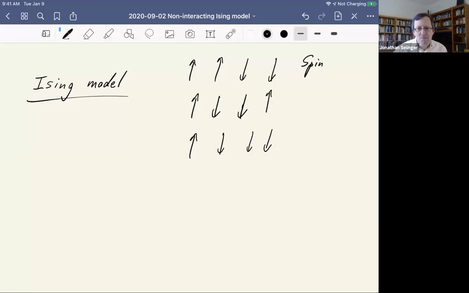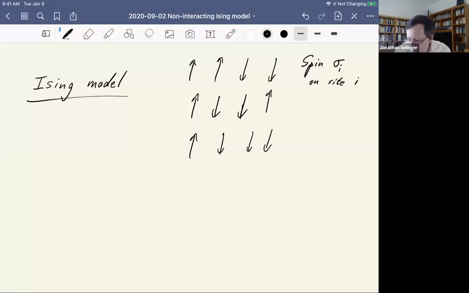We'll just call it a spin. We represent it graphically by an arrow up or down, and we could represent it mathematically by a variable sigma sub i on the site number i.